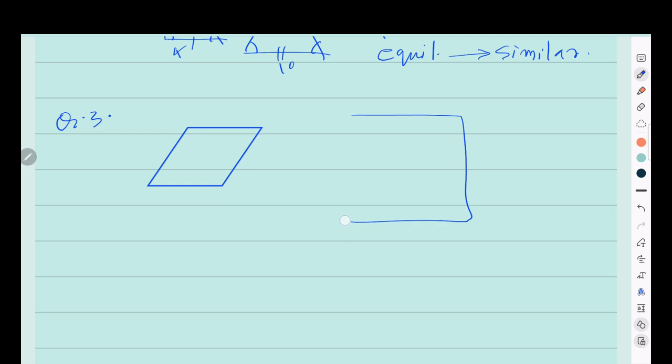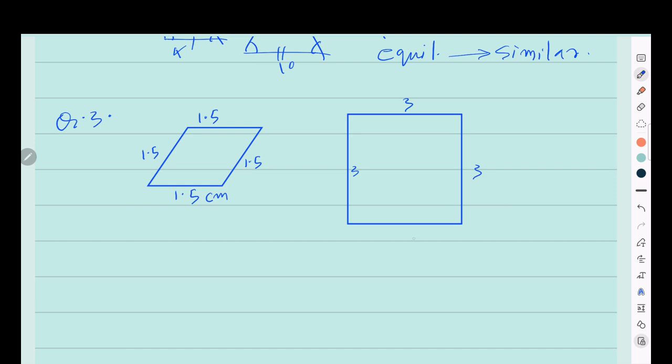That's also quite a simple question. So here in this quadrilateral, all the sides are 1.5 centimeters, and in this one, all the sides are 3. State whether the following quadrilaterals are similar or not.